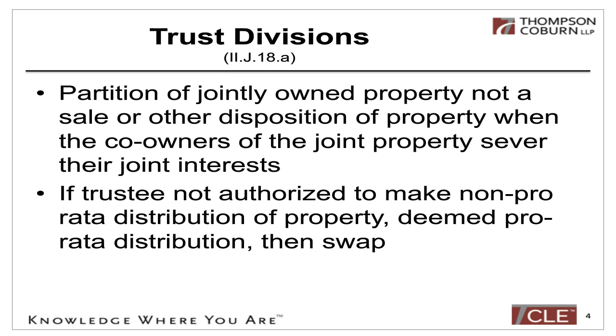There's a revenue ruling that says that if you don't have the authority to do this pick and choose fractional funding, and each beneficiary is entitled to their pro rata share of each item of property, then if you do have funding that's not one half of each parcel of property to each beneficiary, and instead each just gets half the value, and the trustee just kind of swaps them around, then it has been a deemed distribution.